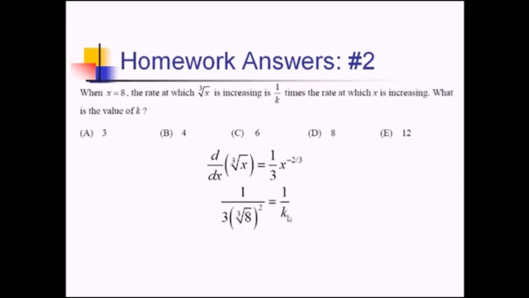All of that should equal 1 over k. So let's solve for k now. This is going to be 2 squared is 4, times 3 is 12. If 1 over 12 equals 1 over k, then if you cross multiply, k equals 12. Choice E.